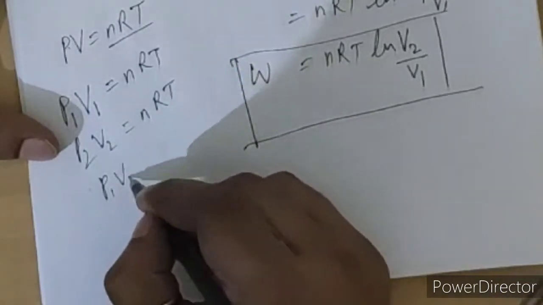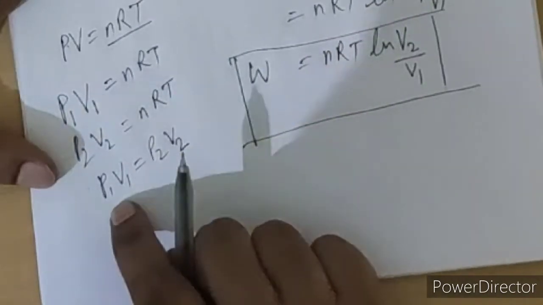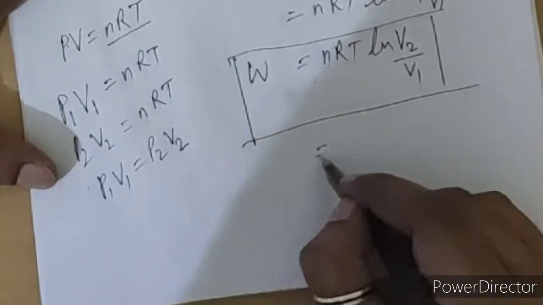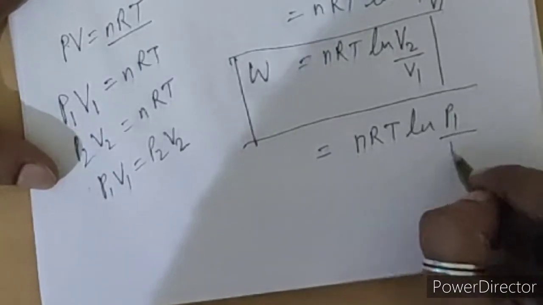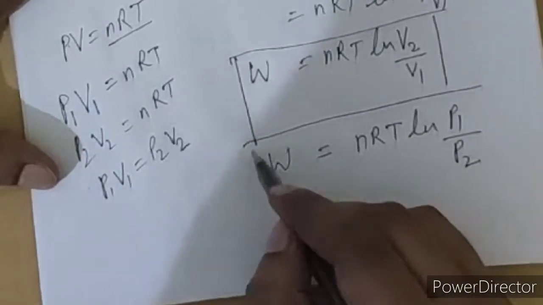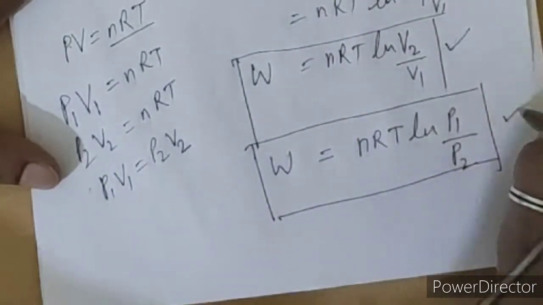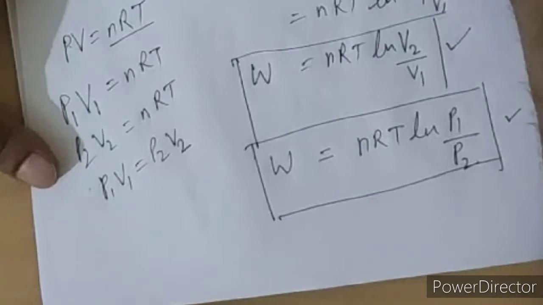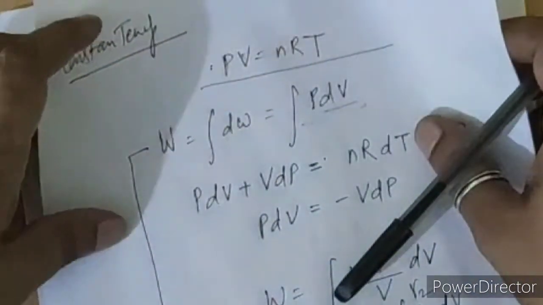So P1 V1 becomes P2 V2. So if we calculate V2 by V1, then it becomes P1 by P2. So we can write nRT ln P1 by P2. So these are the same thing. Either you can calculate from here or here. So this is basically the work done in the case of constant temperature.